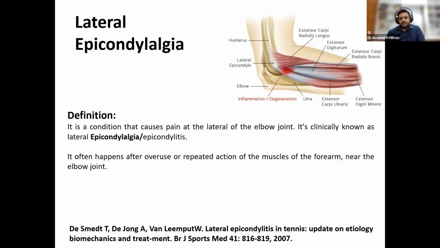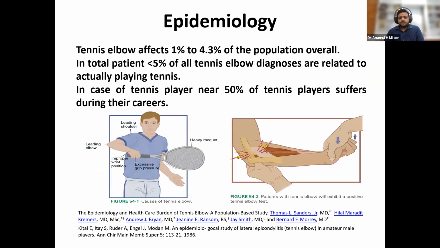Because we saw that those people were playing tennis. Among tennis players, around 50% suffer this type of problem, but in the total population it is about 1 to 4.3%.